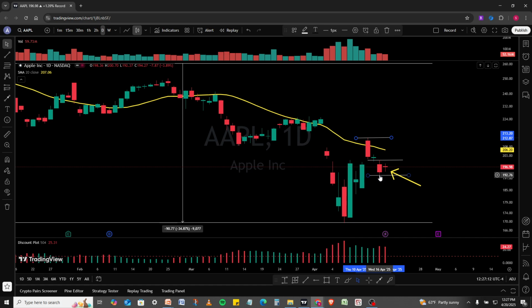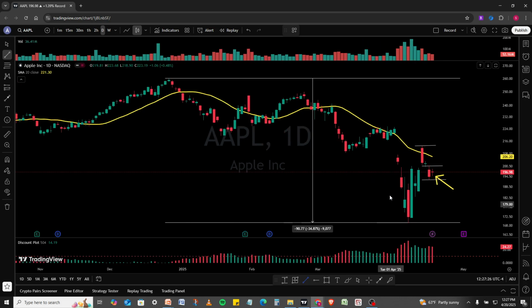But if it breaks below this level of 192 and continues to move down, then we should expect to see prices somewhere around 170. On this chart, you can also see I have marked the highest point to the lowest point of this whole correction.